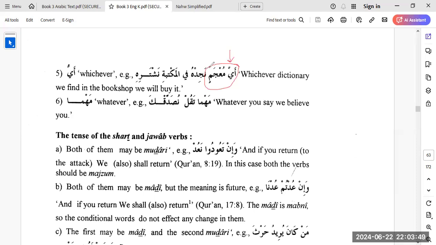But you see that najid is fi'lun mudari'un majzumun and it has its mafulun bihi with it. Najid hu. Ayya mu'jamin najidhu fil maktabati. So this is our shart here. This is our condition, and this is our fi'l shart, and this is our jawab shart.